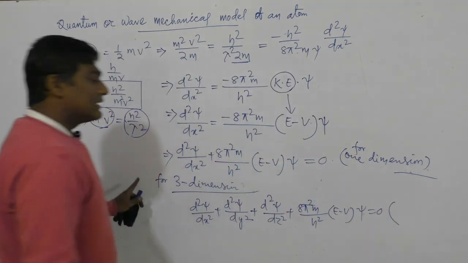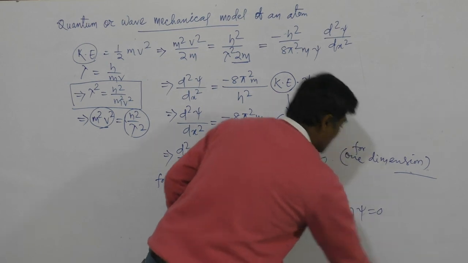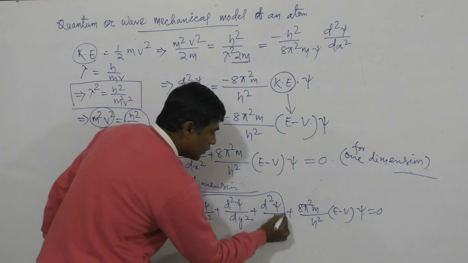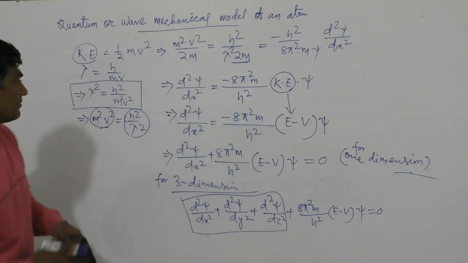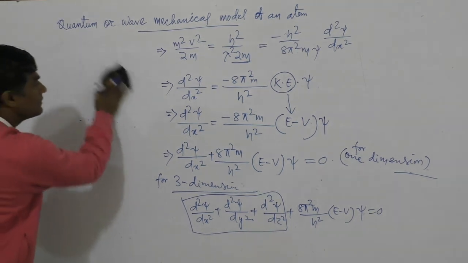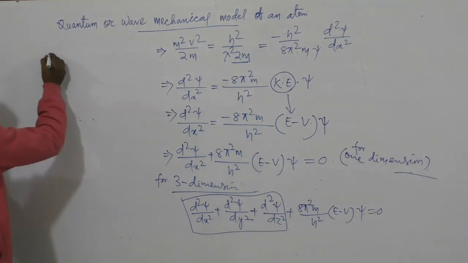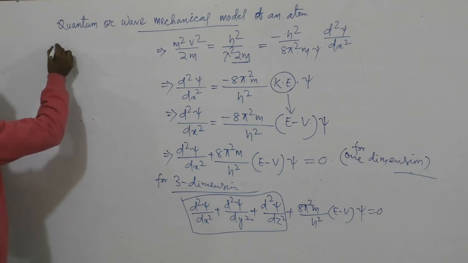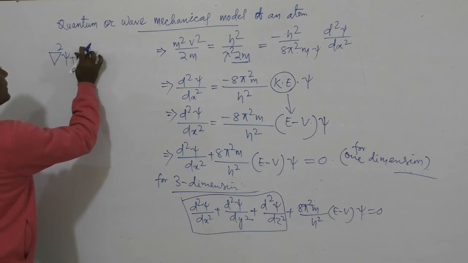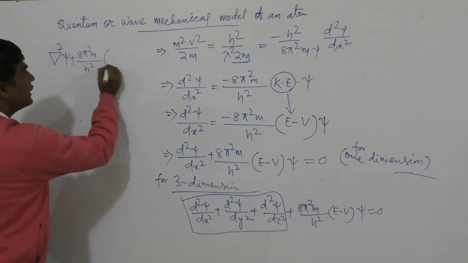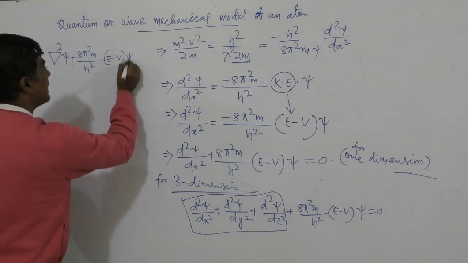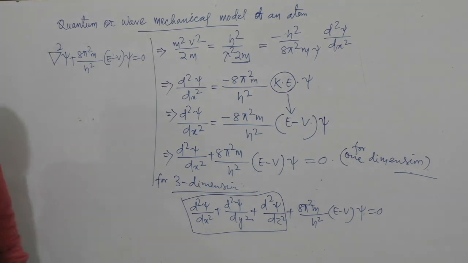This is for three dimensions. Instead of these three terms, we can write del square psi plus 8 pi square m by h square into E minus V psi is equal to 0.